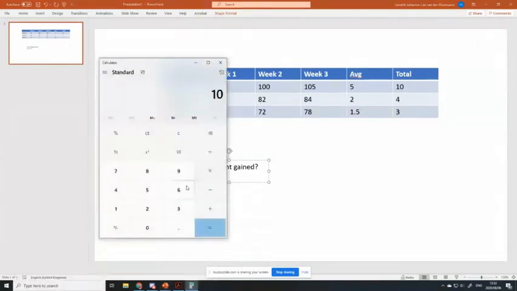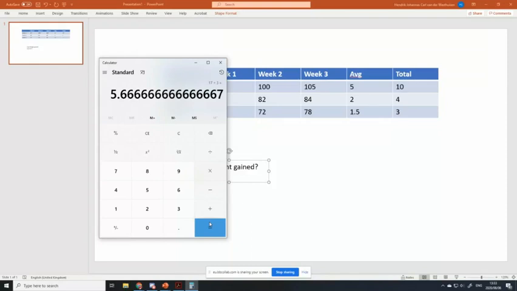So if you take your 4 values and simply divide them by 3, that seems wrong. Let's just take our 4 values, divide that by 3, and we get our calculation. Is that correct? Is that our average weight gained?